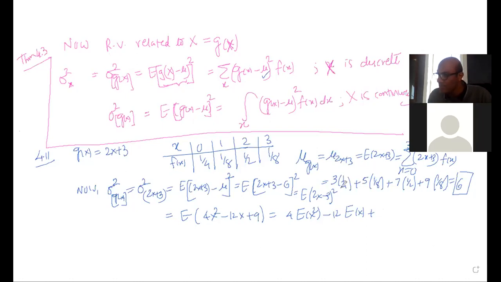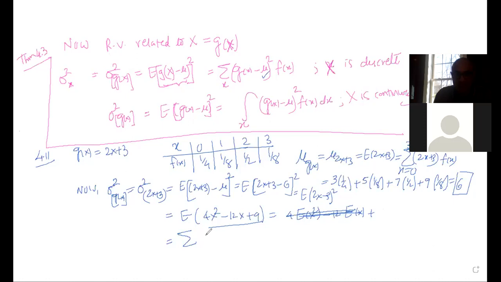Okay. So let me write this one after some time, but I can write like this. The expected value of this one is nothing but summation, by this definition, of (g(x) minus nu) square, which is this part, multiplied by f(x).